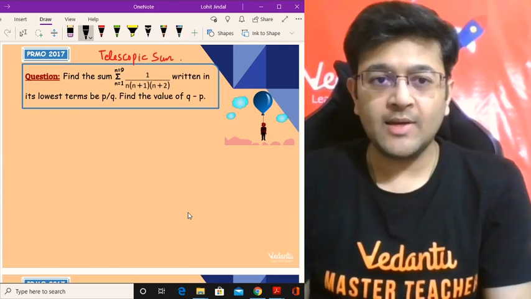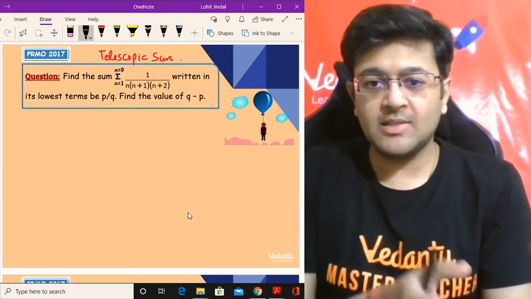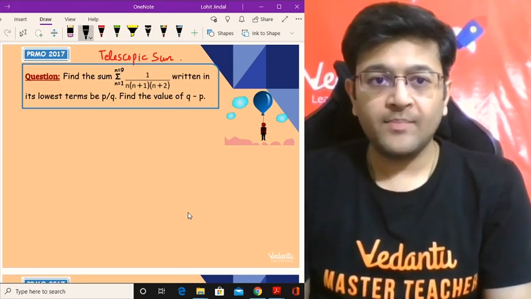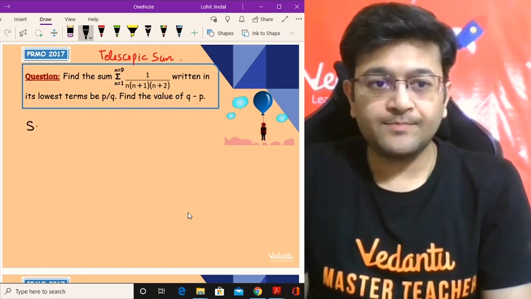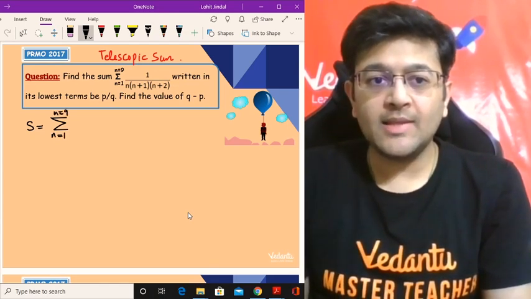So let's start. Okay, so sigma here means the summation, right? We have to add those terms up after putting n equal to 1, 2, 3 up to n, right? So let's put this expression as S is equal to sigma of n equal to 1 to n equal to 9. Okay, so let's do one thing.